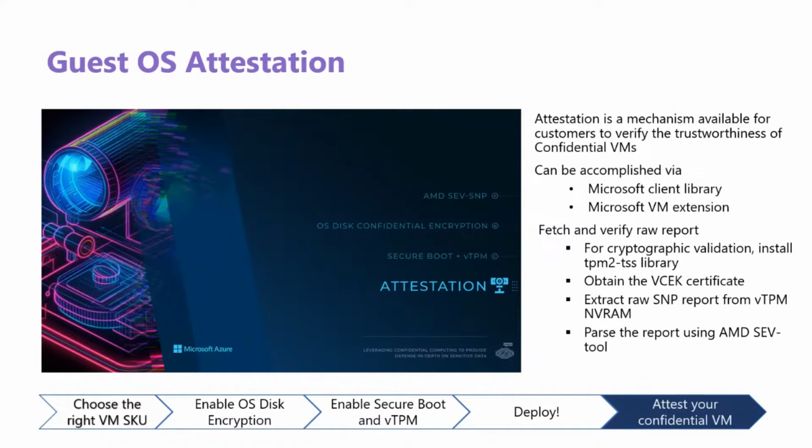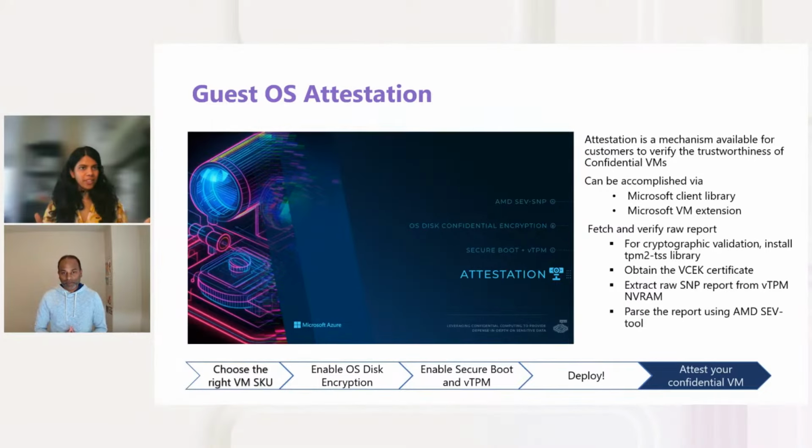Okay, perfect. So that's a wealth of information. I'd like to summarize that a little bit. We understand why we need the AMD SEV-SNP hardware and what capabilities are provided by the platform security processor. We also understand the need for OS disk encryption so that our OS disk is not tampered with by either the host or the hypervisor, and the importance of secure boot and the virtual trusted platform module, or vTPM.